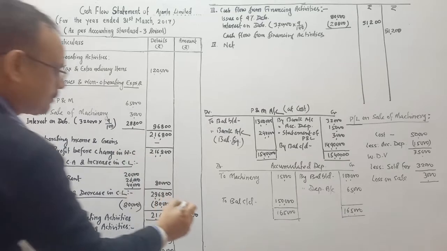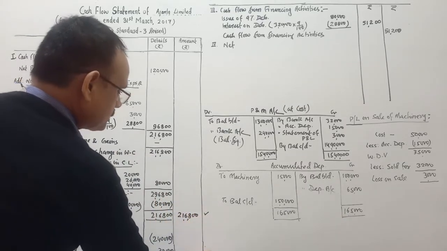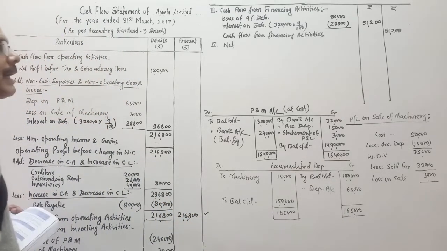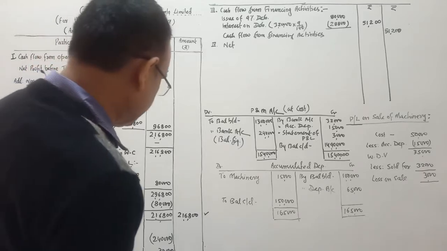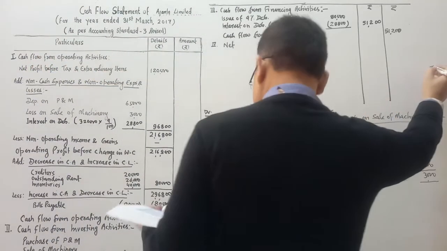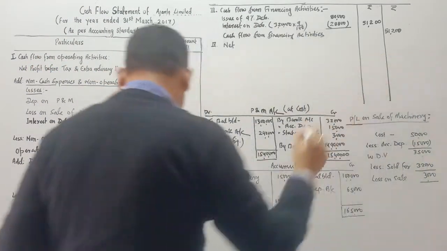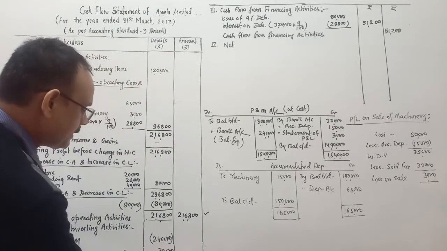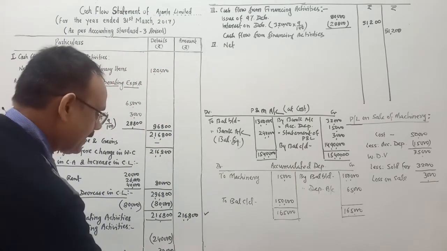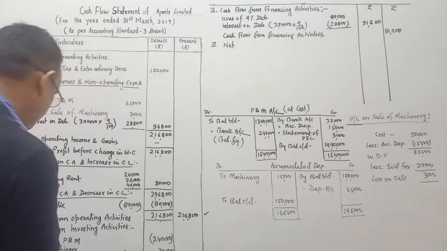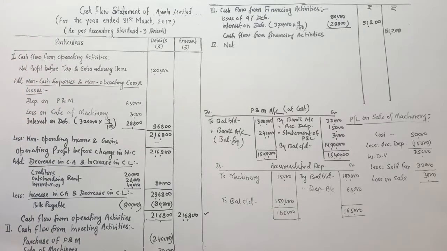This one, cash flow from operating, cash flow from investing. Cash flow from operating is an inflow, and cash used in investing activities, because outflow is more.